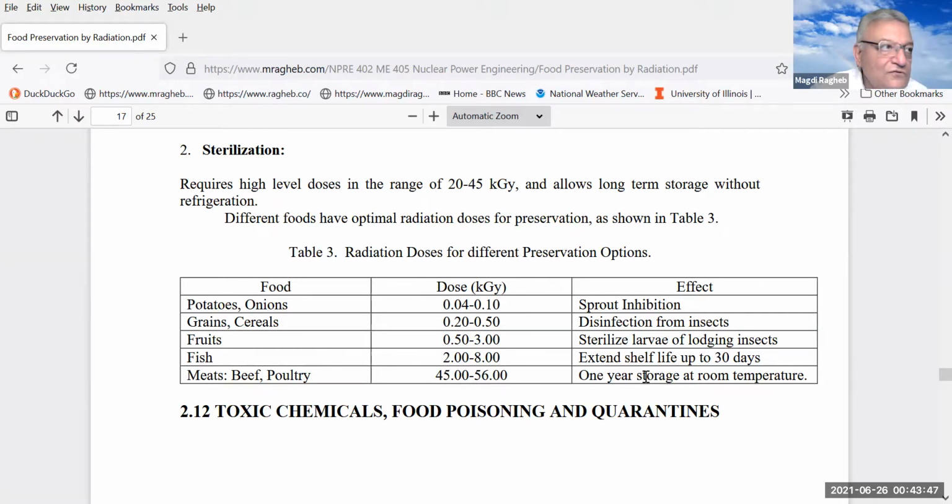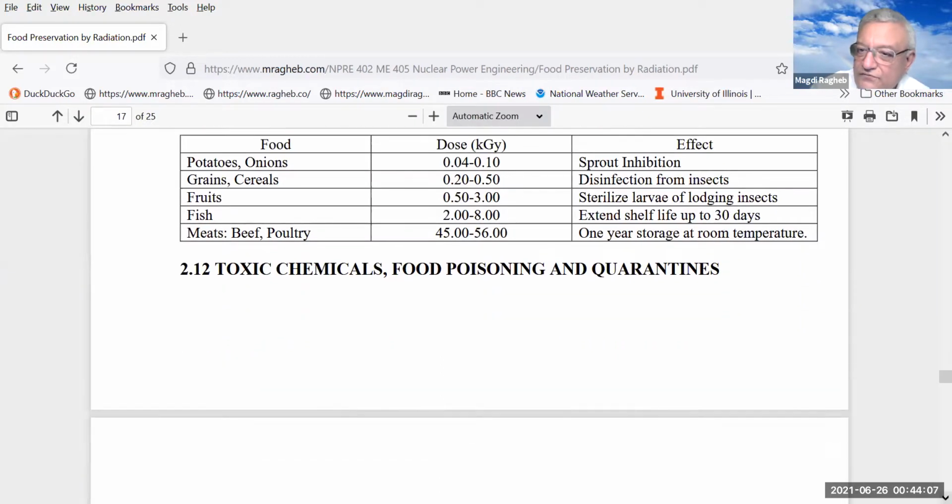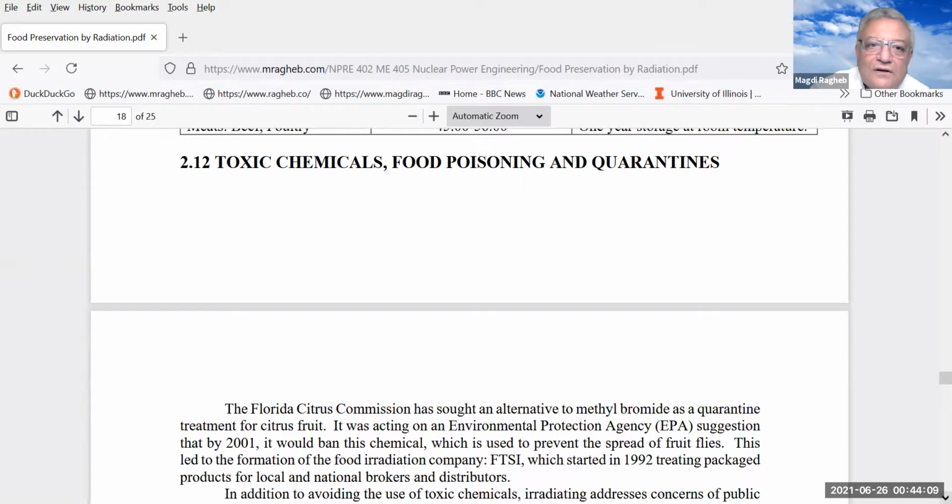But then if you store it just in a plastic container, you can store that food for 1 year at room temperature. You don't need refrigeration in that case. So it's amazing how it can save us the 30% of the food supply that is lost, and at the same time also protects us from disease in general.